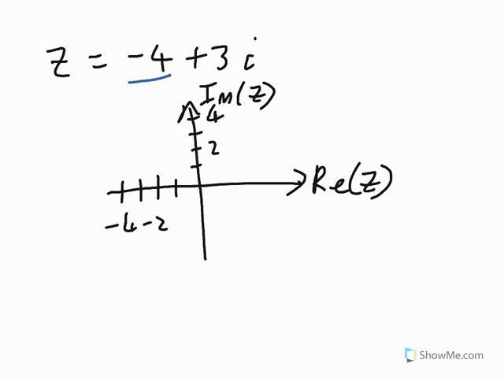Now -4 is our imaginary part, and 3 is our, other way around. -4 is our real part, and 3 is our imaginary part.